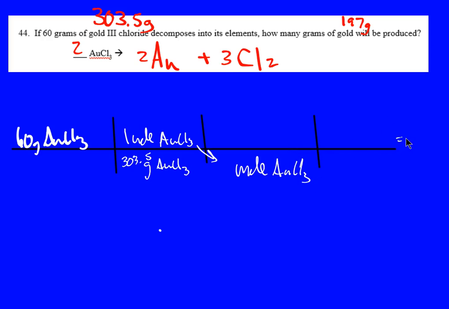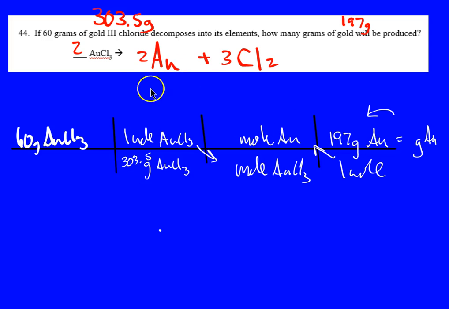And then that's where I have to work from the back now. I'm looking for grams of Au. So that means this has to be grams of Au, which was 197 grams of Au per 1 mole. And that means up here must be mole Au. And both of those are 2s. There's the one there and the one there. You do that, if I remember this one, 39. Okay, 38.9. I'm just going to round that to 39.